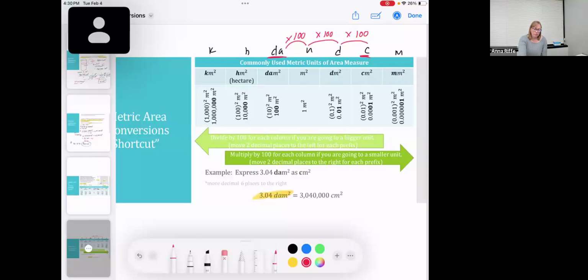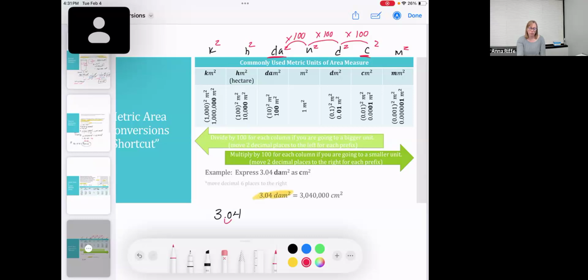To remember that, sometimes it's helpful to put little squares over the prefixes. If you know that you're converting between area units, if you put those little squares up there, then that will maybe help remind you to move 2 decimal places instead of 1. So here, 3.04, we're going to move 2 decimal places for each prefix.